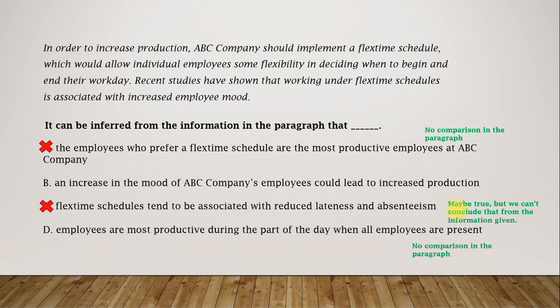So B is the correct answer. And actually, sorry, this is the wrong one, and this is the correct one. And actually, this is the main idea of the paragraph. Let's read that. A flex time schedule should be implemented in ABC Company for efficient production.